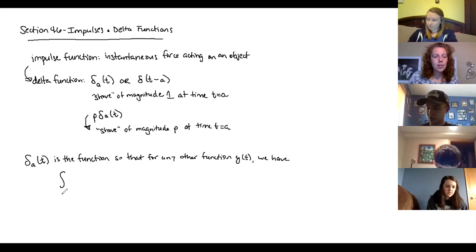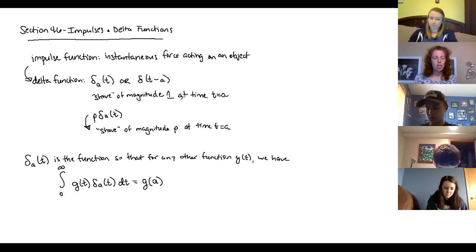The integral from 0 to infinity of g of t times delta sub a of t dt is equal to g of a.